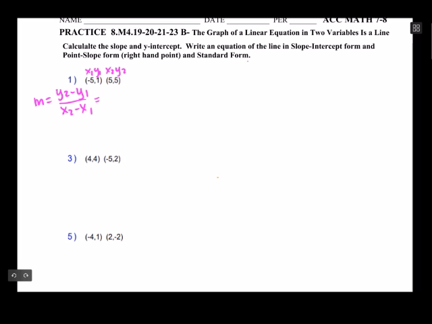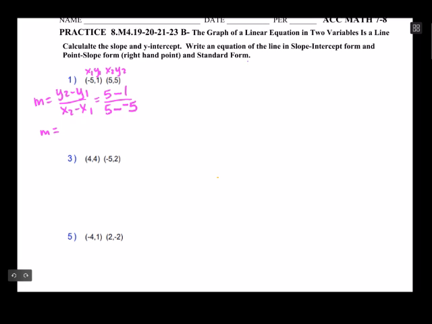So y2 is 5 minus, this is always a minus equation, y1 is 1 over x2 is 5 minus x1 is a negative 5. I am substituting in exactly the number I am given, so I am putting in a minus 5. Now I simply do the math.